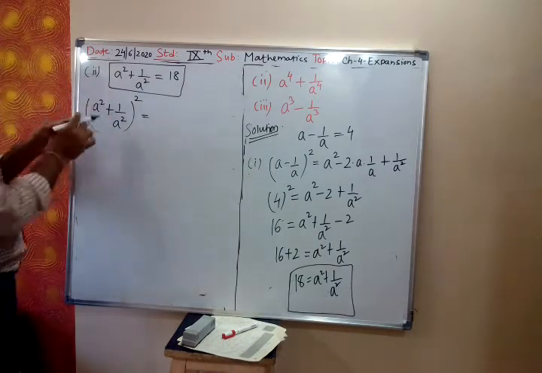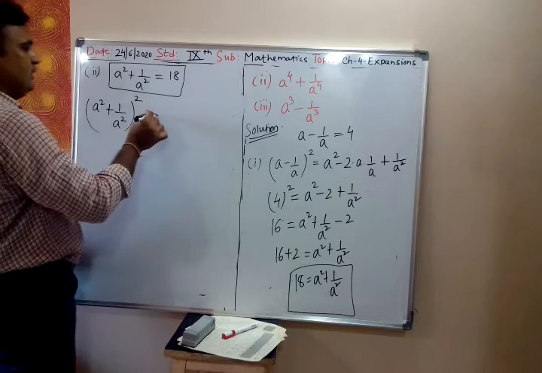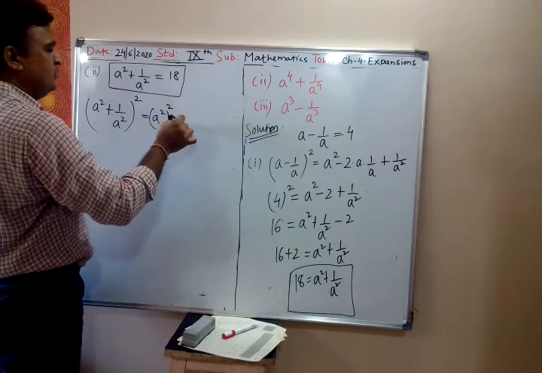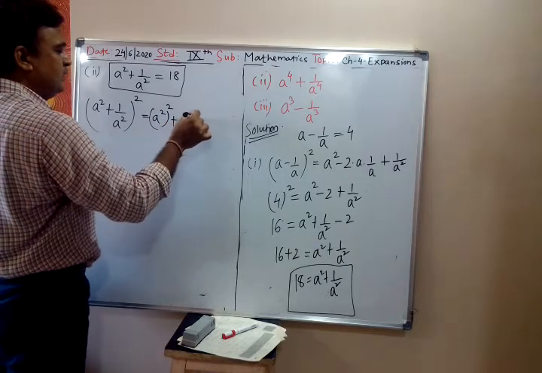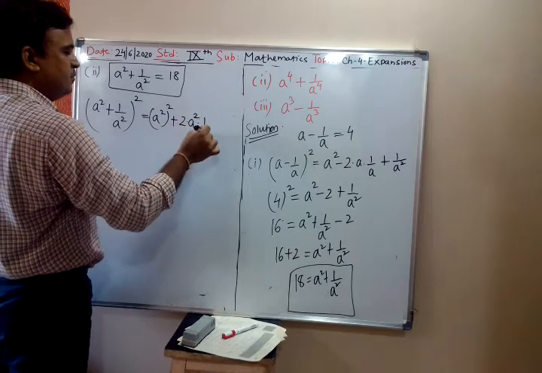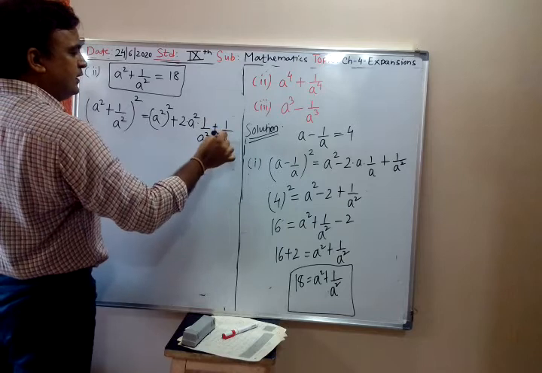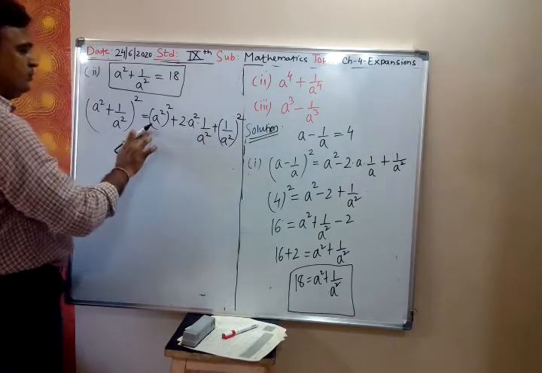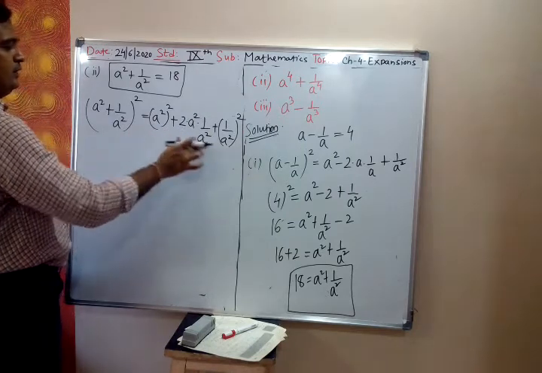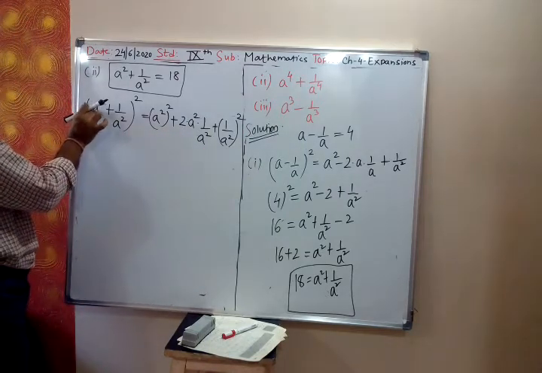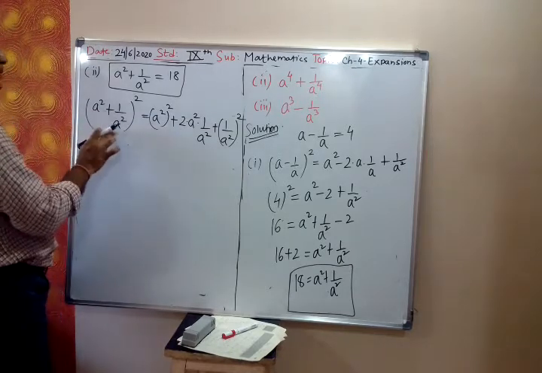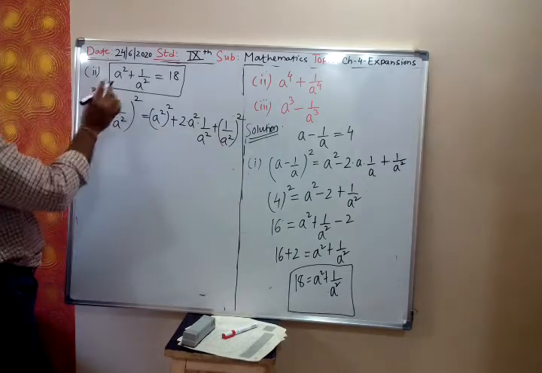So we get a square square plus 2 into a square into 1 upon a square plus 1 upon a square whole square, and a square plus 1 upon a square is 18.